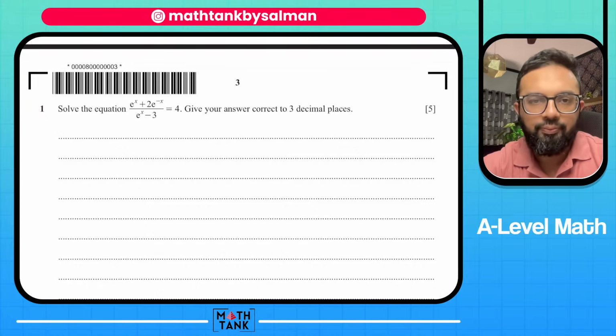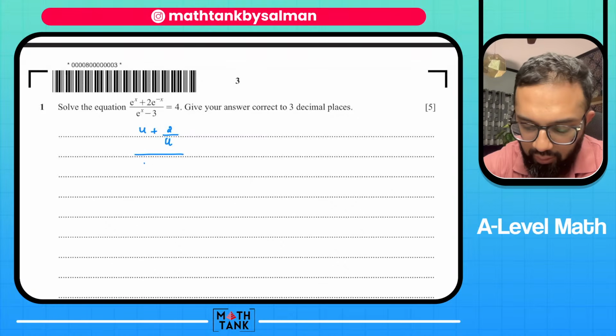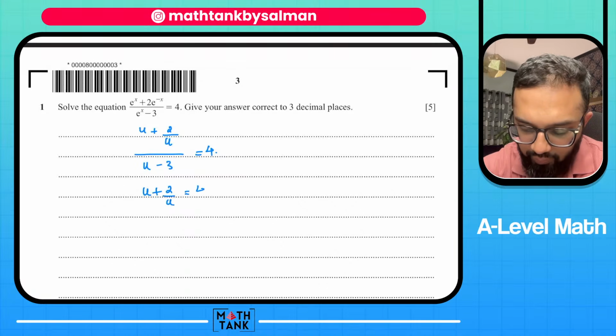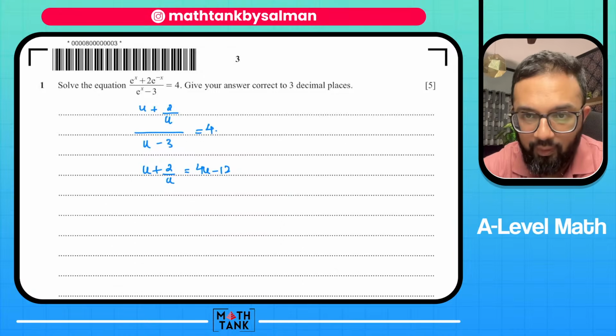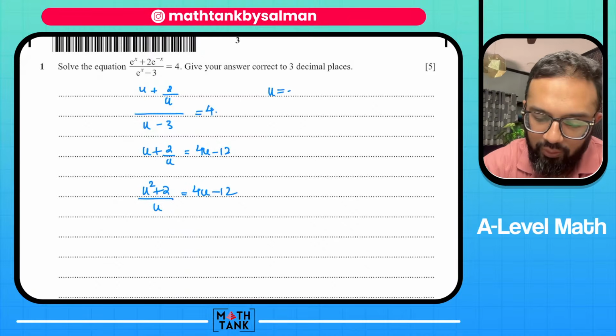Okay. So u plus this will become 2 over u, and u minus 3 equals 4. So u plus 2 over u equals 4u minus 12. I've taken the substitution u equals e power x.